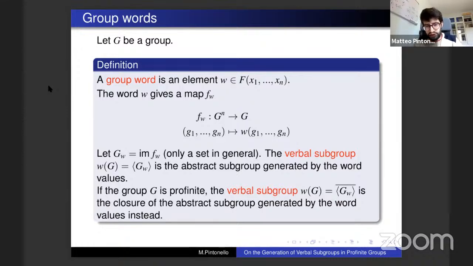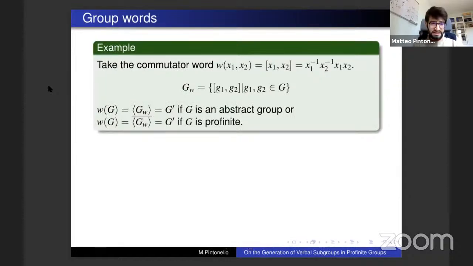Also in profinite groups, when I talk about generation, I will mean topological generation, as usual. A really easy example is the commutator word that everybody knows: the set of word values is simply the set of commutators, and the verbal subgroup is the derived subgroup.